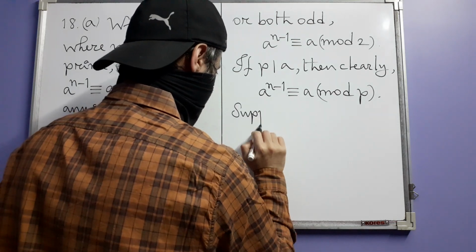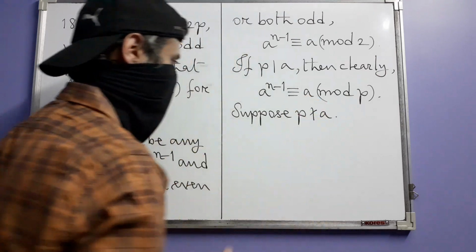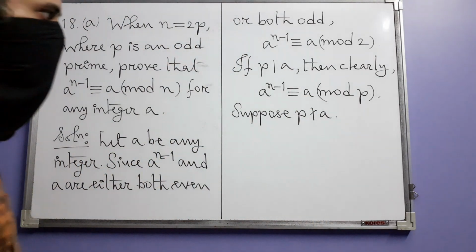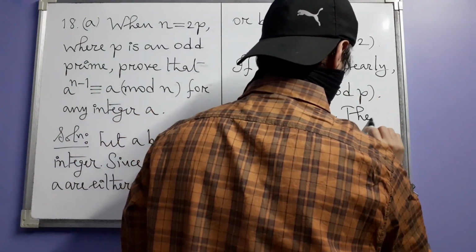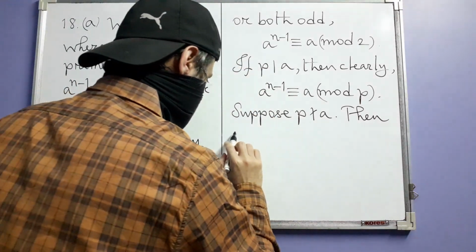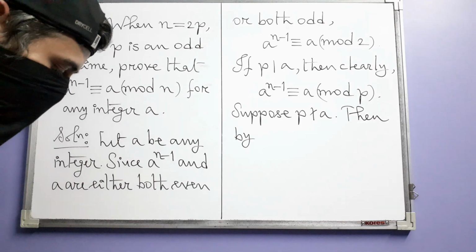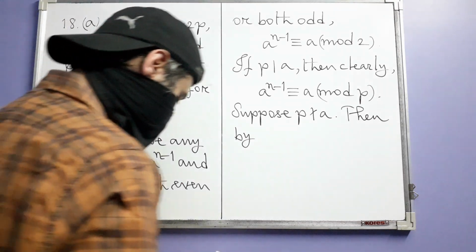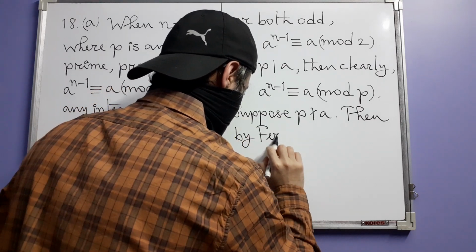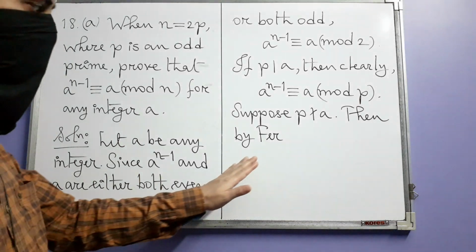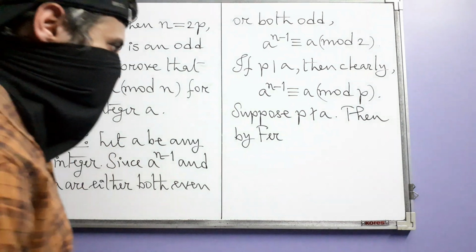So now we consider the other case. Suppose p does not divide a. Then by Fermat's theorem, yes, I mean we will have to use Fermat's theorem, but we cannot just write one congruence and the job will be over.